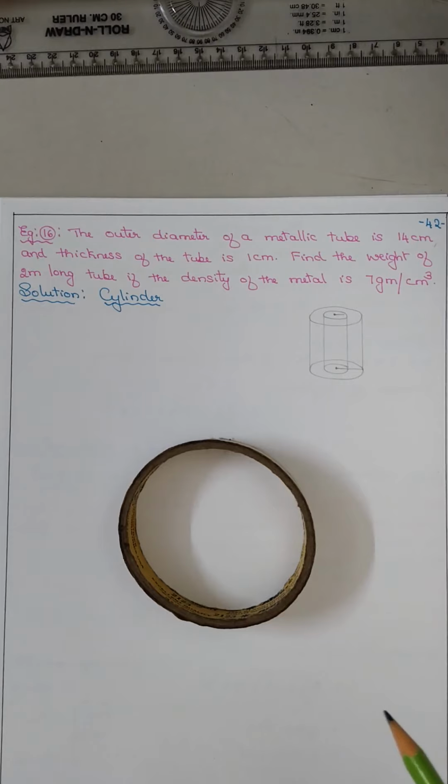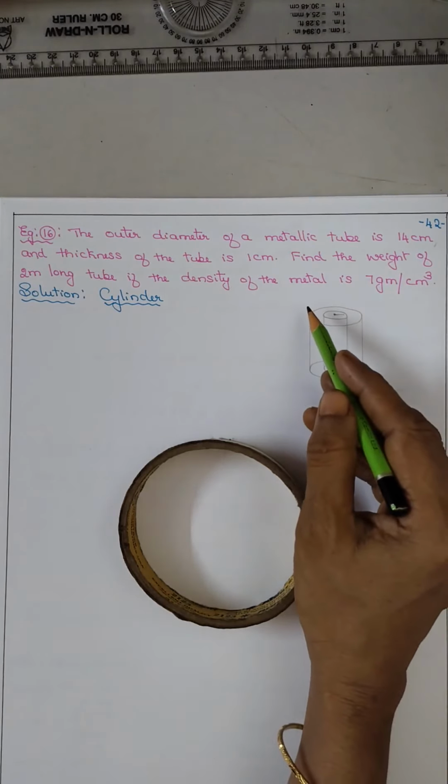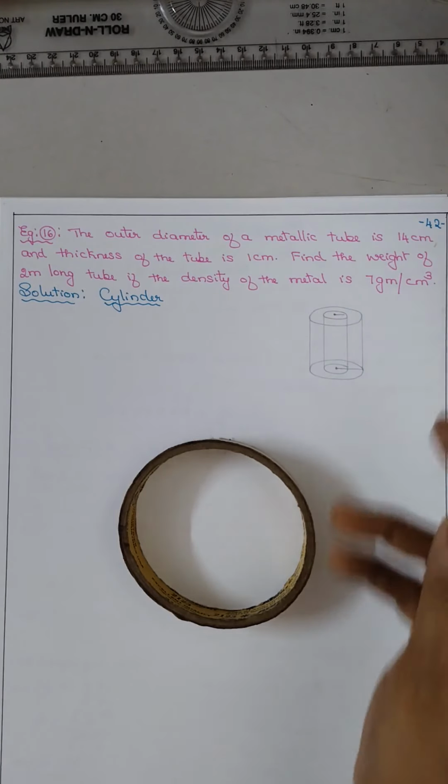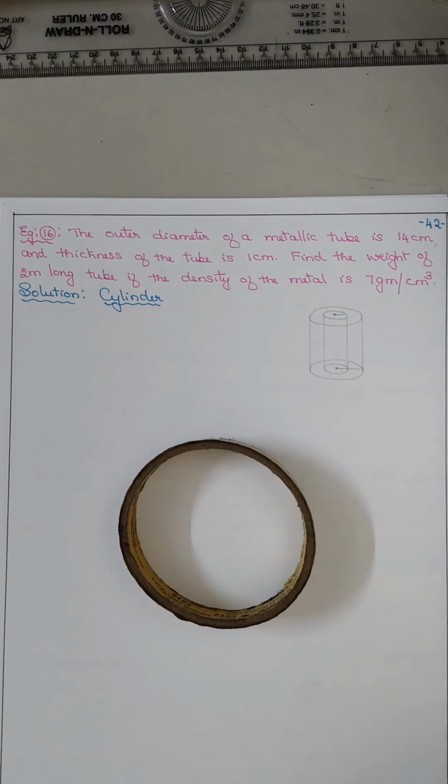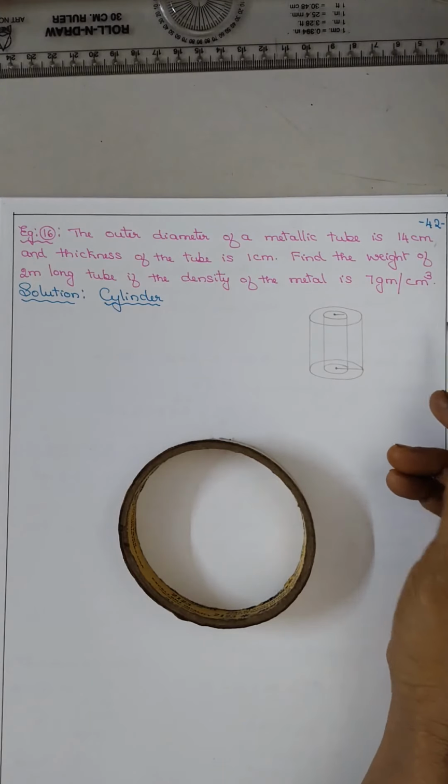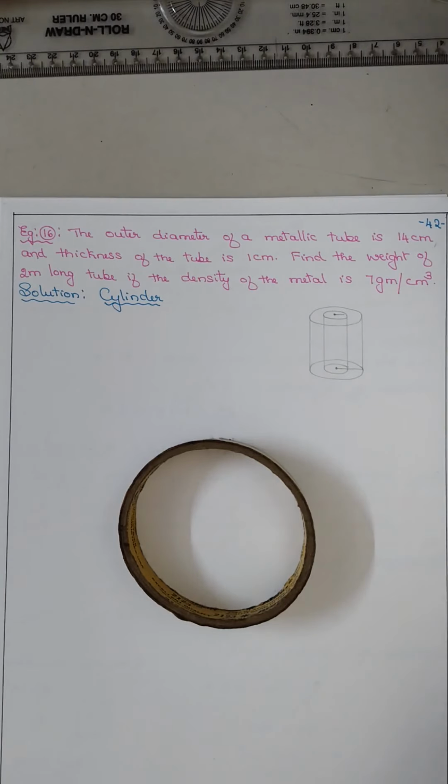So the density of it is given. So find the weight. So weight is equal to volume into density. That at the end we have to do. That you have to remember. So the weight of the tube is equal to volume into density.